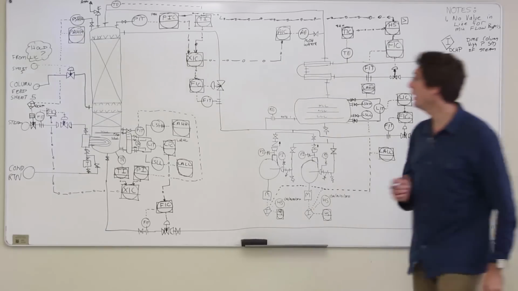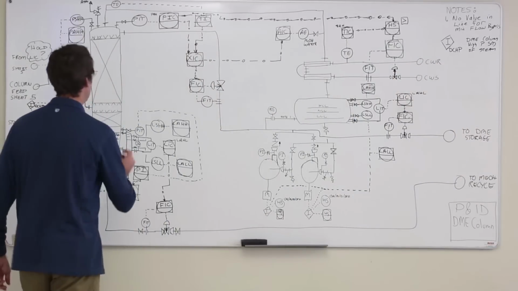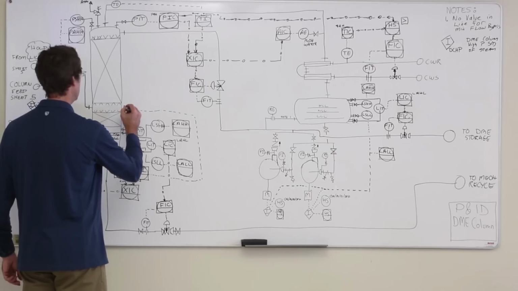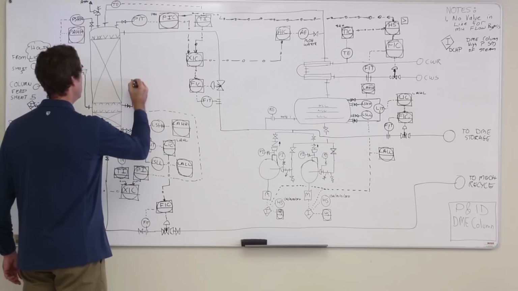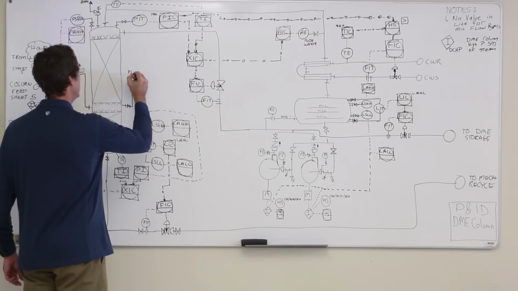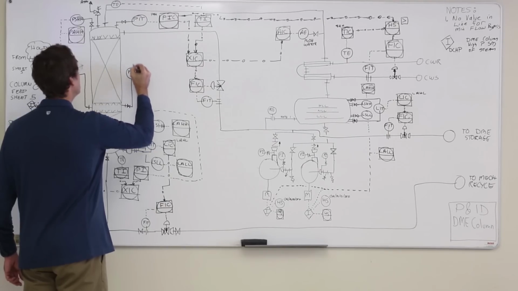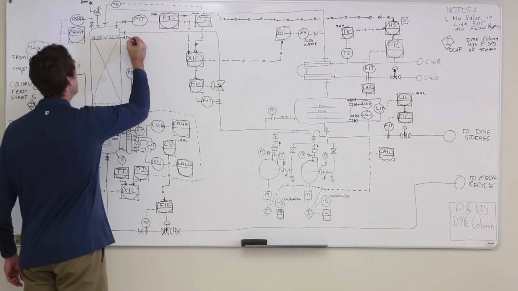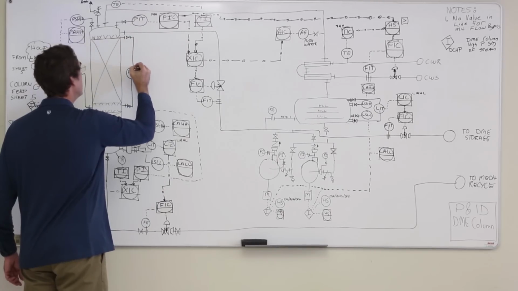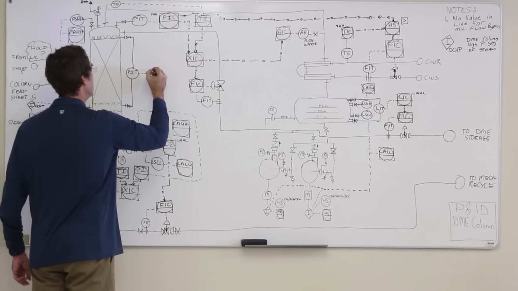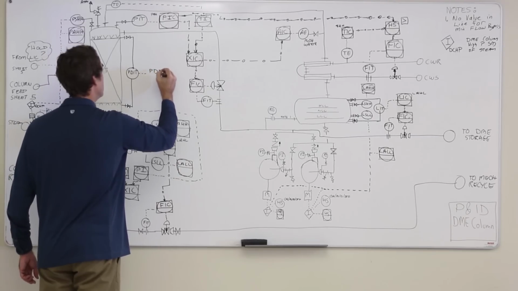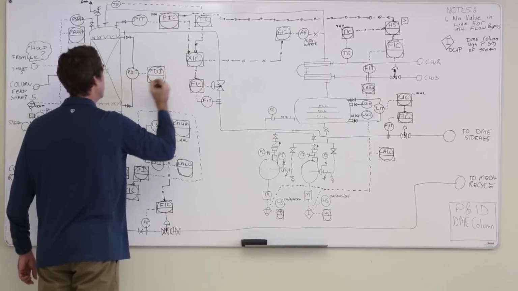Oh yeah, there's one other thing that is kind of handy to know, and that is the differential pressure across the various beds. So we might actually be interested in putting a pressure differential indicating transmitter. This is just for information, like that.